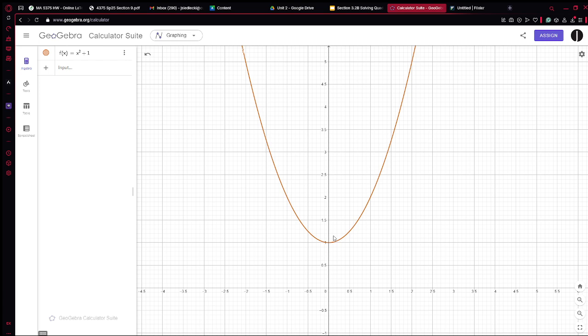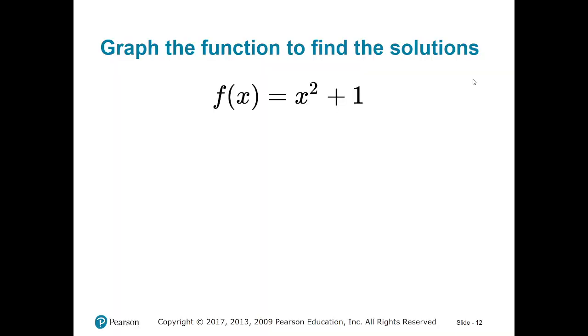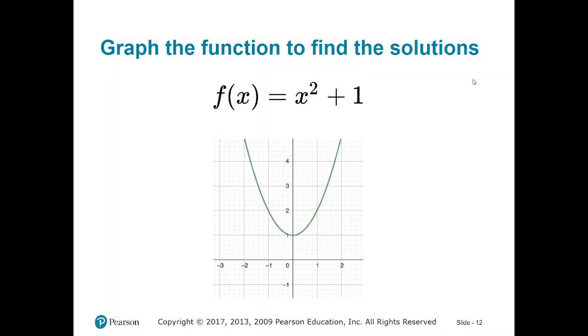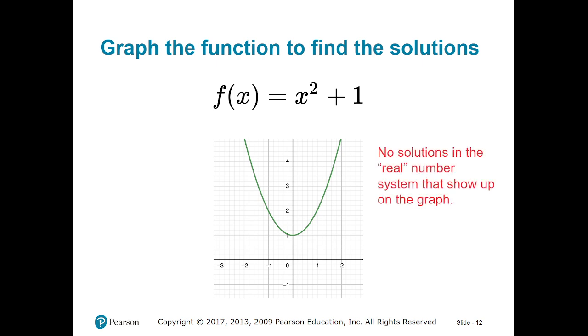There should be some cognitive dissonance now, because more often than not, up until this point, we've been told that we can't take the square root of negative numbers. It just isn't right. And so what it ultimately means, right, is that there's no solutions in the real number system here.